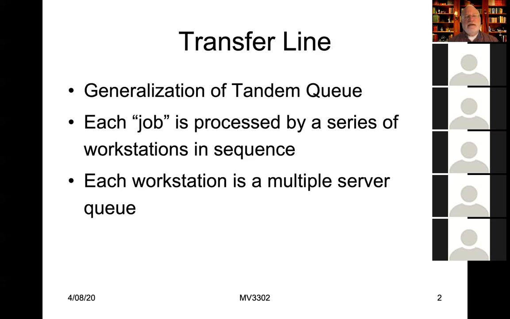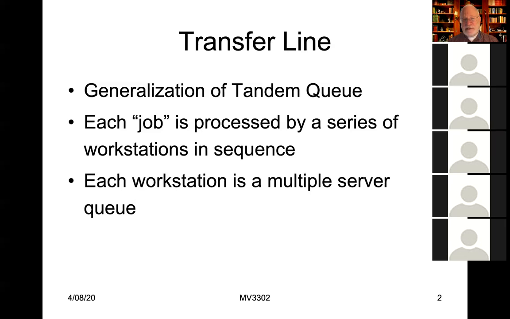In a way, if you squint your eyes a little bit, the tandem queue is analogous to an assembly line, which I'm sure you're all familiar with, where you have these car parts, basically the skeleton of a car, that go from one workstation to the next and get worked on.